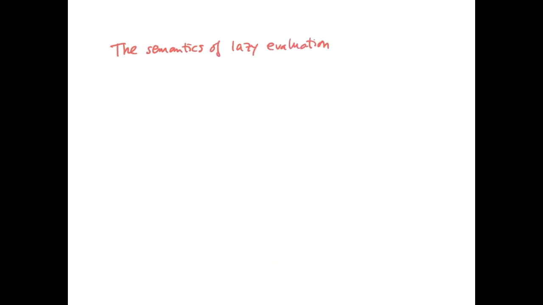Now it's fairly straightforward to define how you actually carry out lazy evaluation. The semantics of lazy evaluation is quite simple. In fact, there's one reduction rule that we know from before. That's the beta reduction rule, saying that if we have an abstraction lambda x e1 and we apply that to e2, this reduces to e1 where all occurrences of x have been replaced by e2.